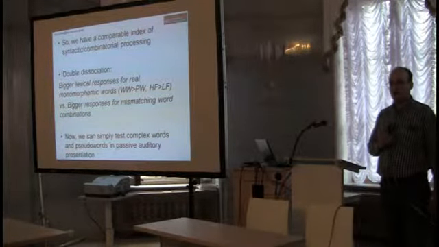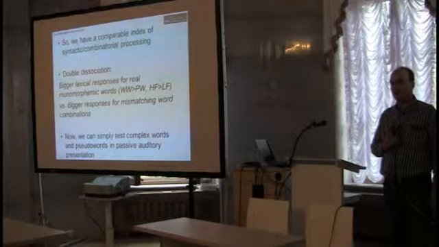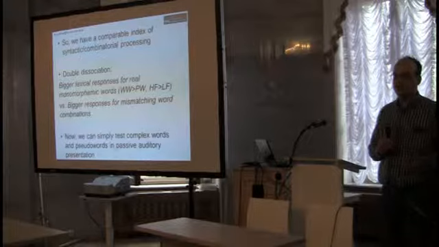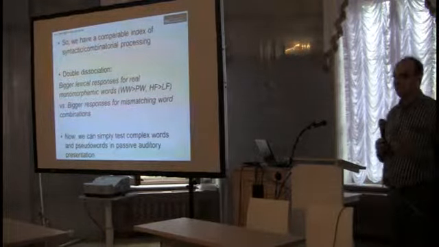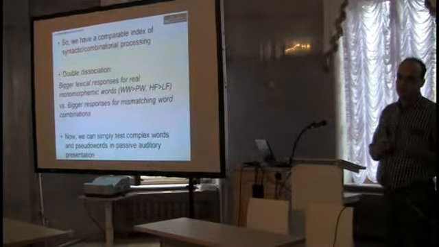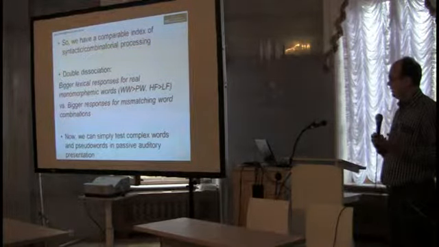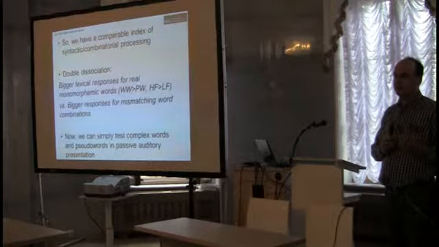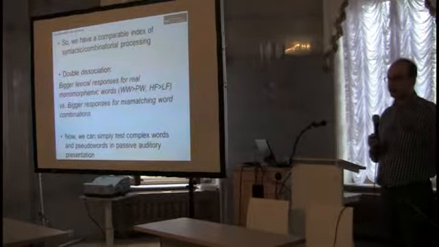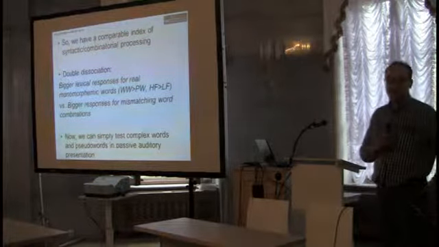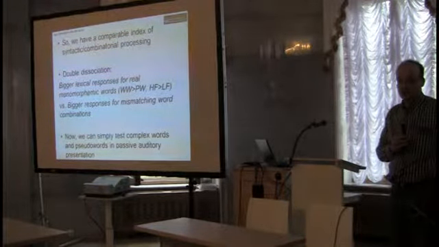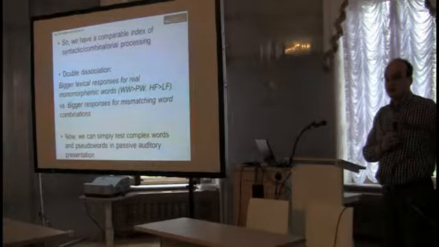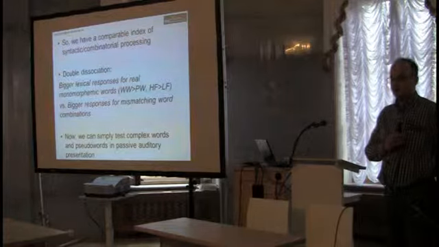So now we can look at what happens with congruous versus incongruous combinations of two morphemes. We can take complex words which include more than one morpheme, say a stem and an affix, or maybe a combination of two words in a compound, and make them congruous or incongruous, as was shown in some of her experiments, and see how they behave in this passive oddball paradigm. Do they show large activation for congruous, meaningful combinations, which would be a sign of lexical activity?